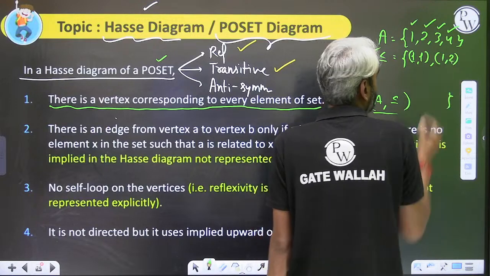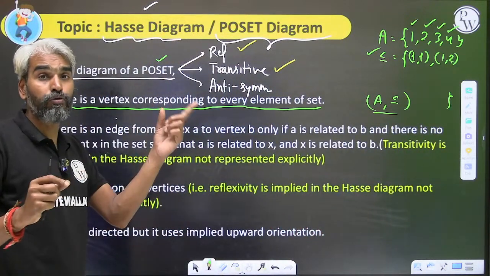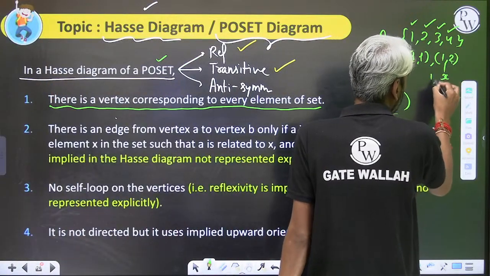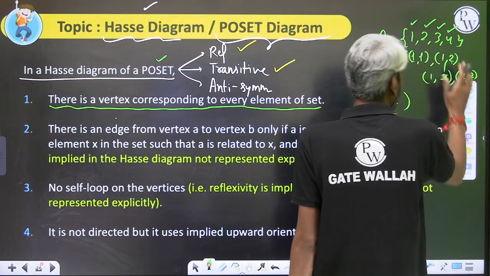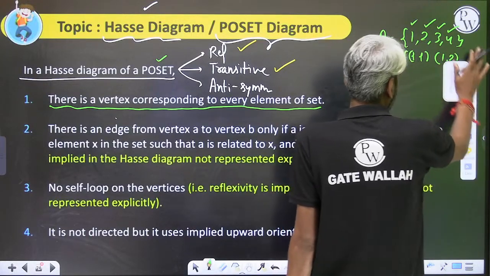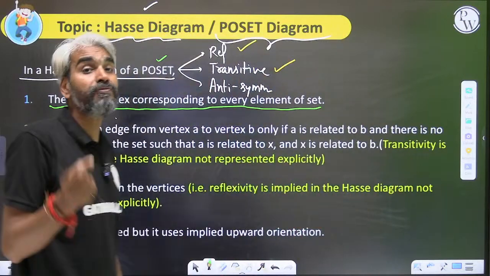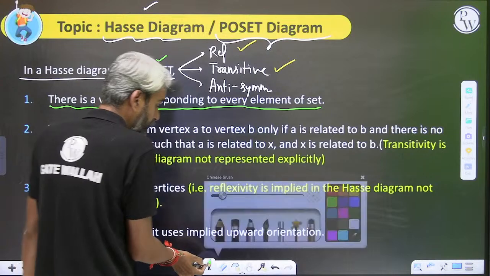So, if one relates to two, then we will try to create an edge between 1 and 2, provided there should not be any element x such that 1 relates to x and x relates to 2. Because if 1 relates to x and x relates to 2, then 1 relates to 2 because of transitivity. So that's what you need to understand.